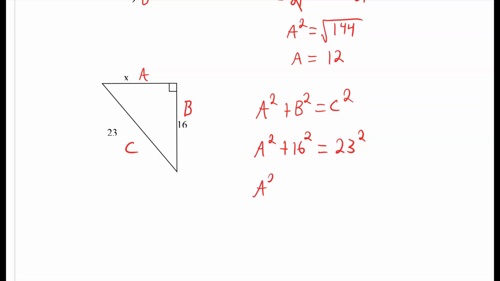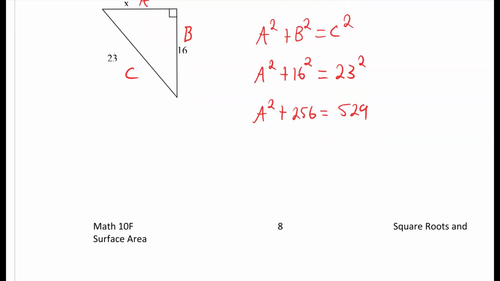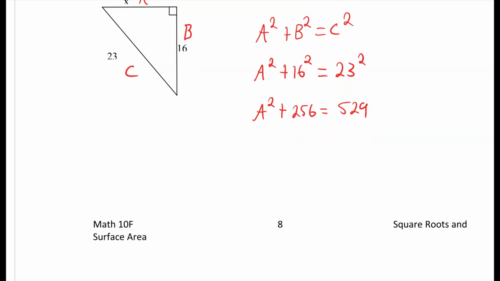Again, a squared comes down, plus 16 squared, which is 256, is equal to 23 squared, which is 529. In order to move the 256 to the opposite side, we have to do the opposite.